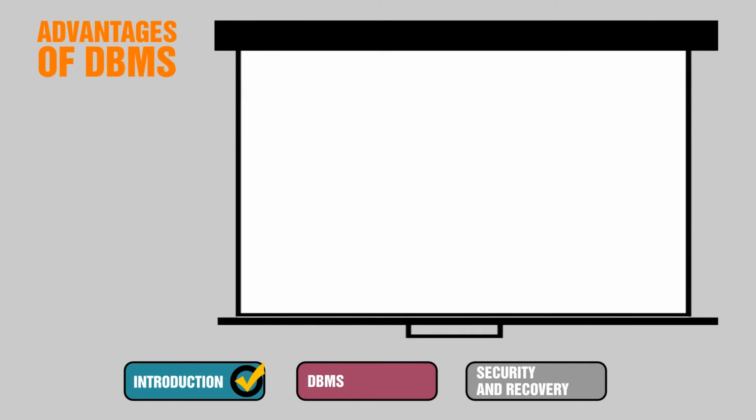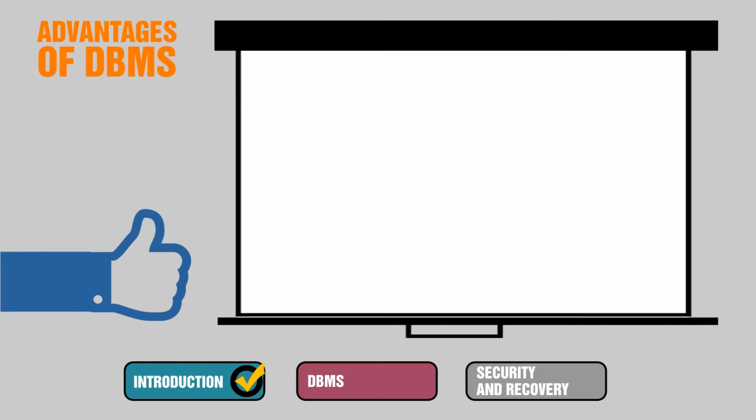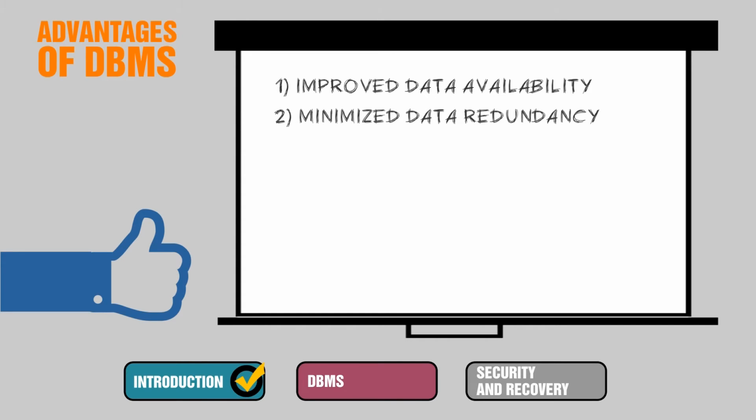Database management systems have several advantages. It allows the same data to be available to different users. It reduces data redundancy by reducing duplication of data and reduces cost of storage. It improves accuracy with efficient organization.